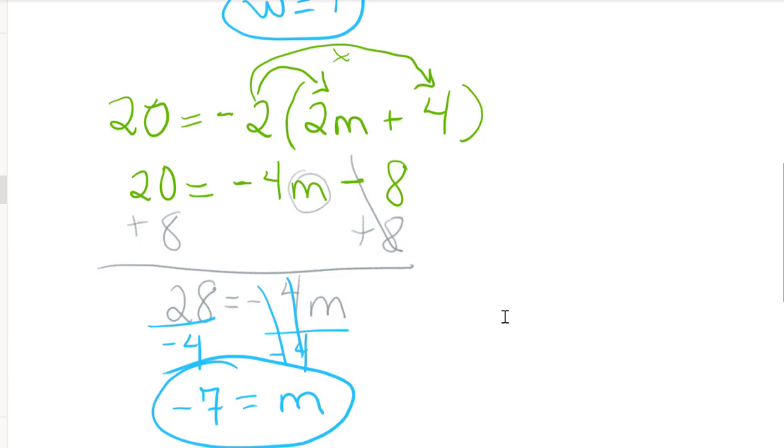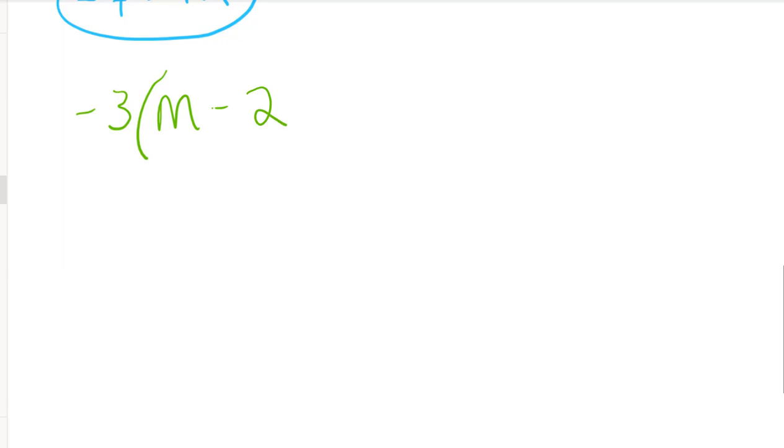All right, I think we need to try one more because I can think of one more thing that can happen. So the next one we're going to try is negative 3 times the quantity, so parenthesis, m minus 2 equals 12.